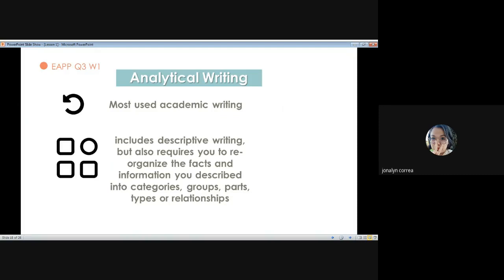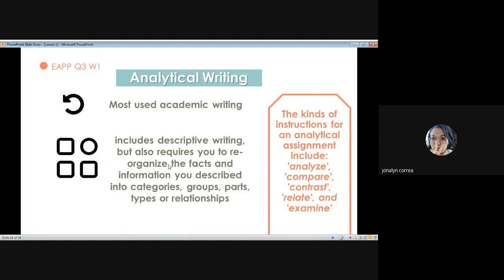I hope everything is absorbed so far. So, if you are comparing, you might break it into several parts. That's my example. The kinds of instruction for analytical assignments include analyze, compare, contrast, relate, and examine.